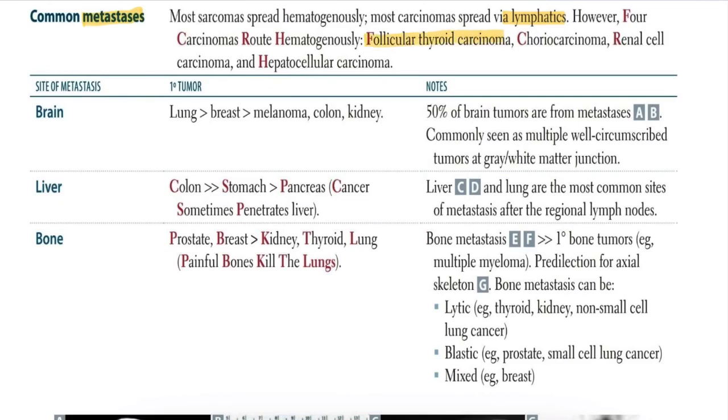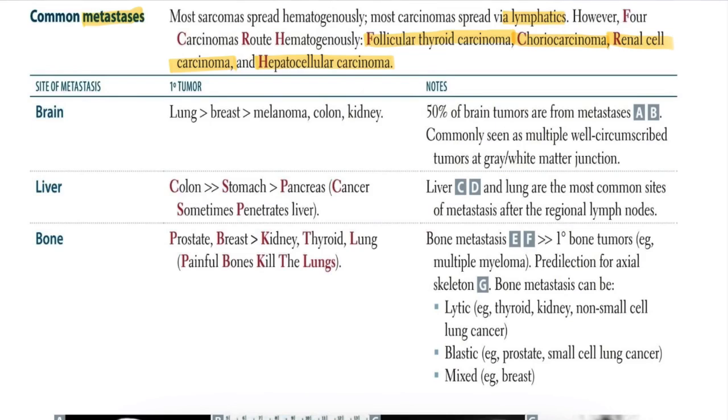F means follicular thyroid carcinoma, C means choriocarcinoma, Root means renal cell carcinoma, and Hematogenously means hepatocellular carcinoma. So these cancers spread via blood, or you can call them hematogenous cancers. These are the exceptions, since they spread like sarcomas.